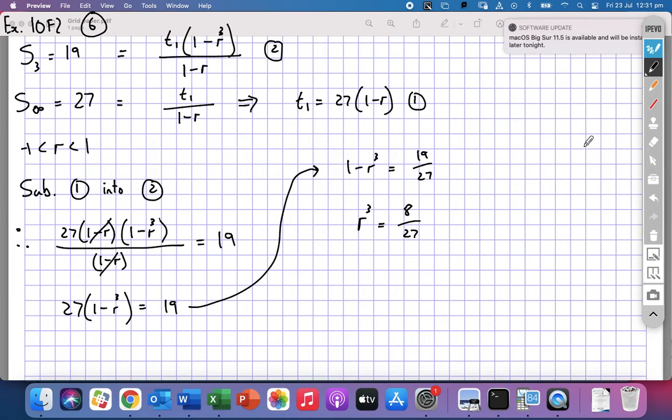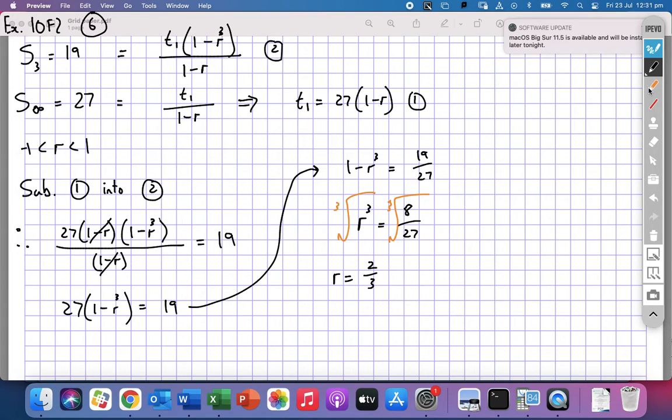So when I come to take the cube root to actually solve for R, nice and easy, R will equal 2 on 3. Which is what I was expecting. I was expecting R to be between -1 and 1. All right.